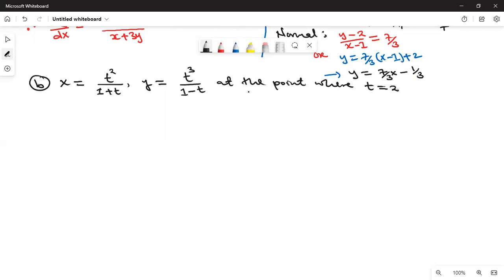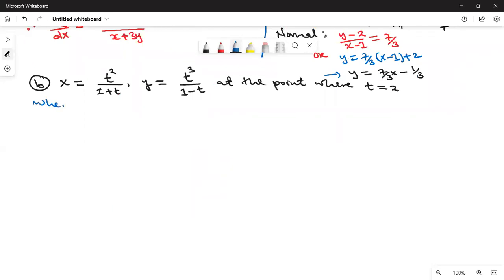And the point where t is equal to 2. You see, when we talk of a point, it has the x and y coordinates. You pair them. So we will need to know when t is equal to 2, what is x and what is y, so that we know the exact point. Solution.